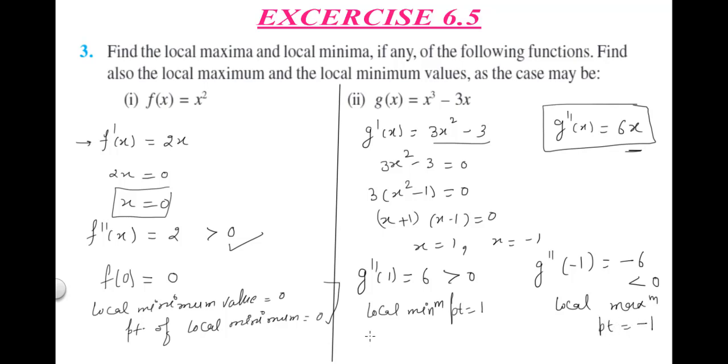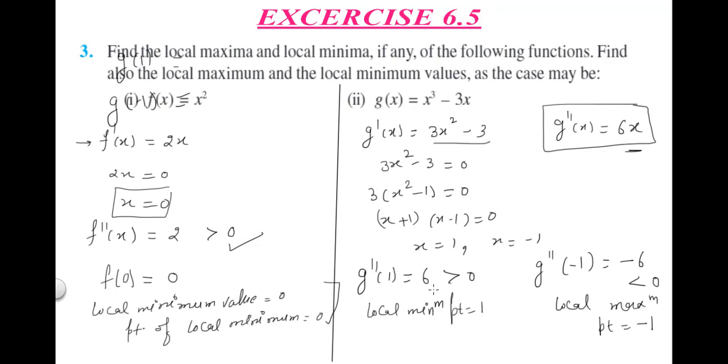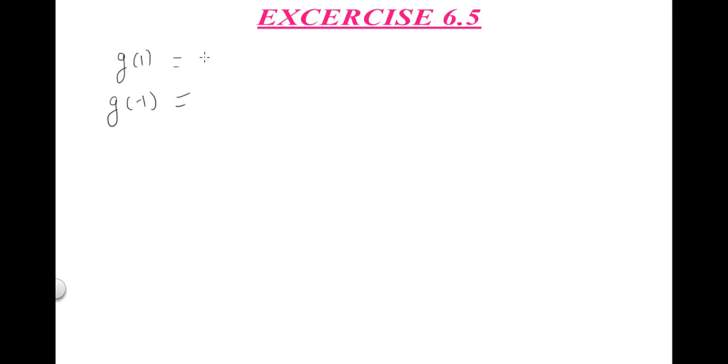Similarly, we can calculate local minimum value and local maximum value. How we are going to check that? We will calculate g of 1 and g of minus 1. Now we have already seen that 1 is the point of local minima, so we are going to get the local minimum value. The function is x cube minus 3x. Putting the values in x cube minus 3x, just see you get 1 minus 3, which is minus 2, and when you put minus 1, minus 1 minus, and minus minus will become plus, so you get 2.